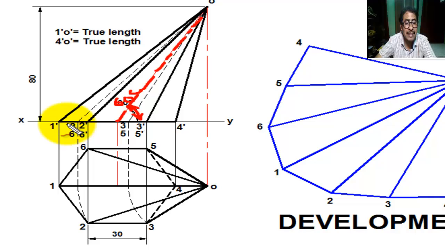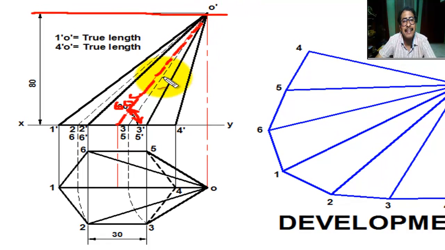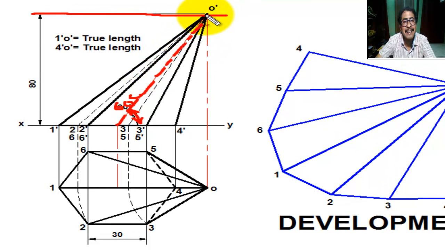Draw a line parallel to the base at 80 mm distance. It cuts the axis at O dash point.